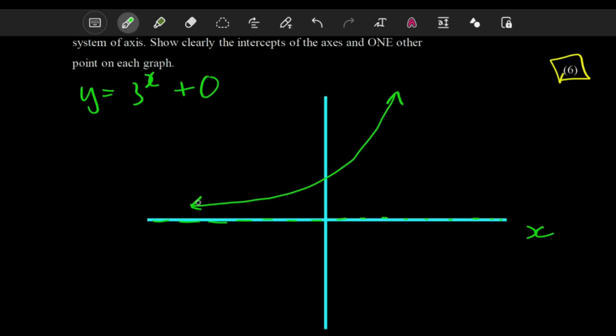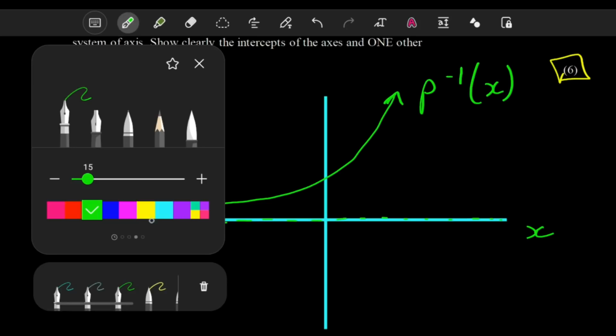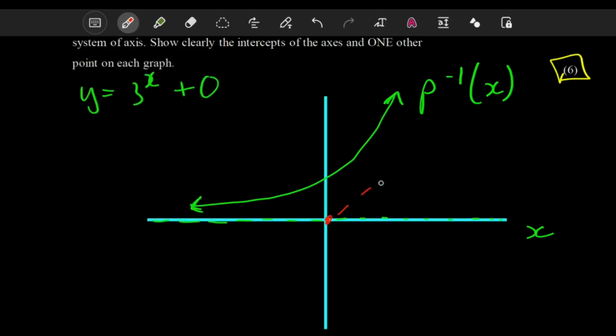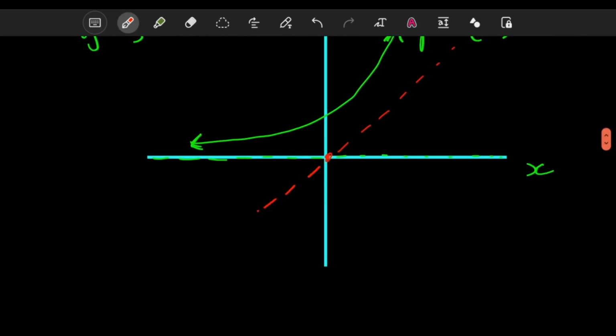The reason I'm drawing this one first is because it's the easiest one to draw. Obviously its inverse is just going to be a reflection. So you have this line here, and it is always good practice to label this line.